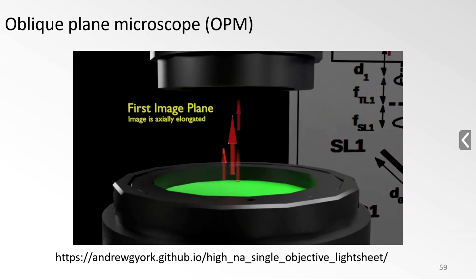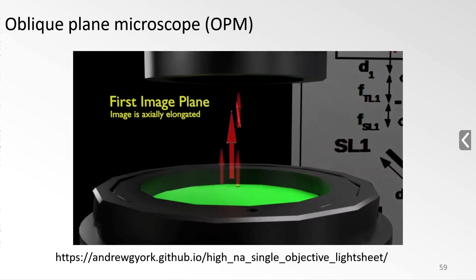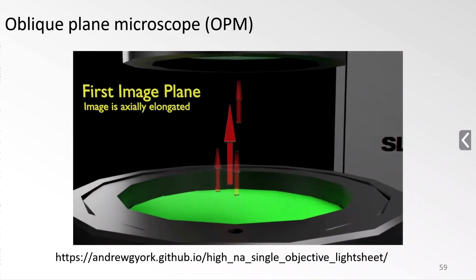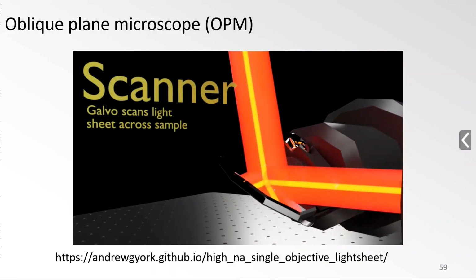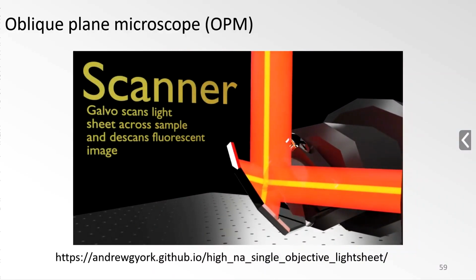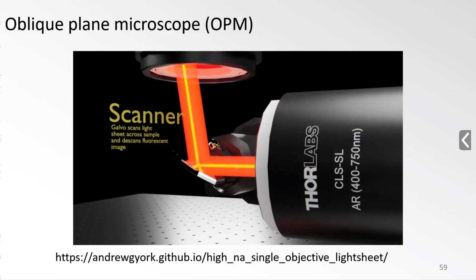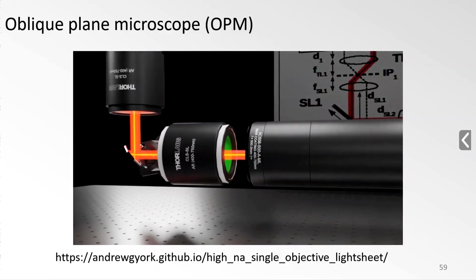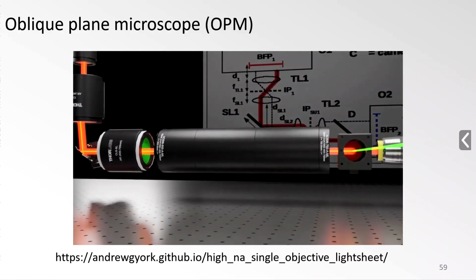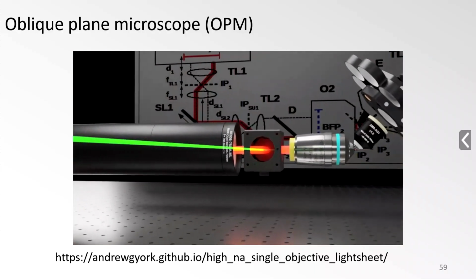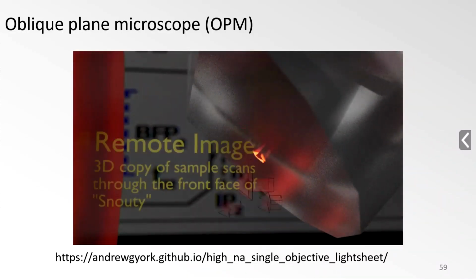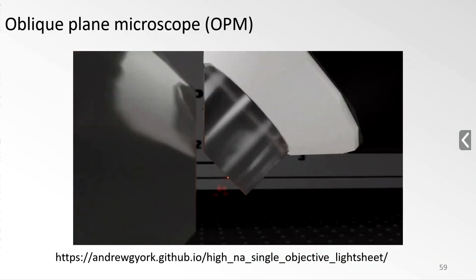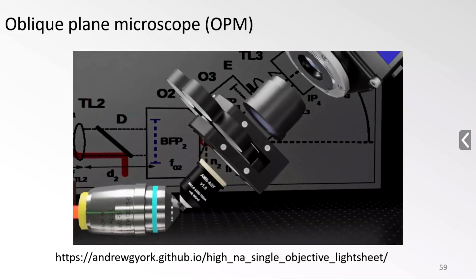Then you have the first image plane here, and then through the same scanner, and well, this video plays slower than I thought. Okay. And then you collect your image here, and since this is a perfect system, now you can image that with this third objective here, and then you can collect the image on this camera.